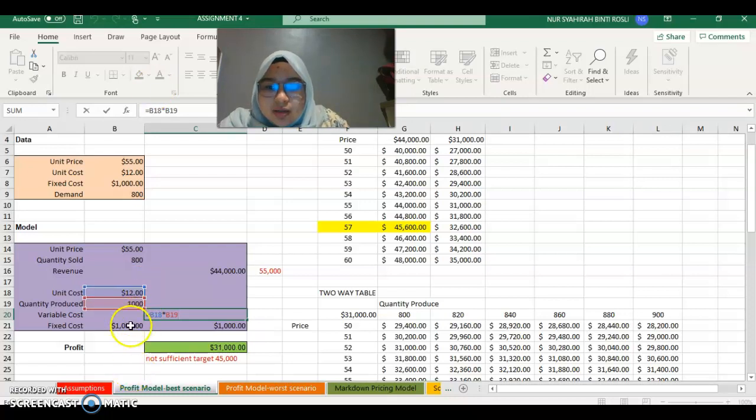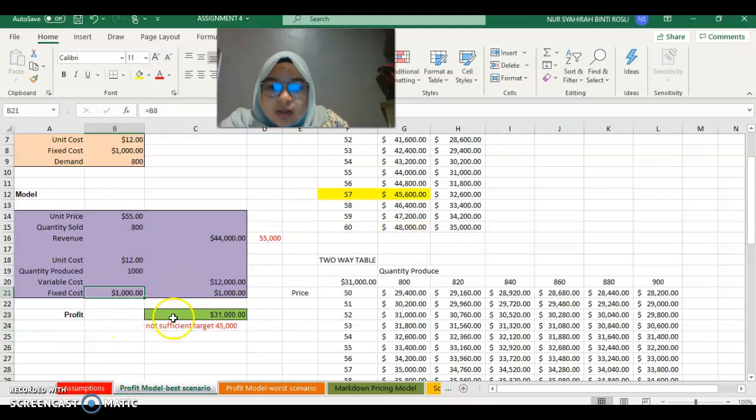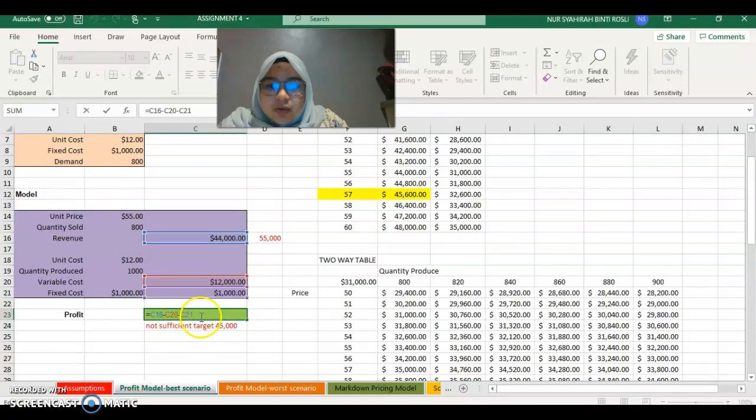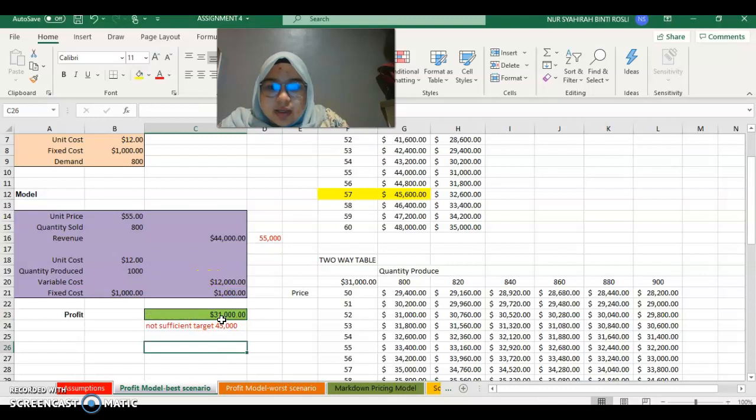And then the fixed cost is 1,000. And the profit, when we take revenue minus variable cost and minus fixed cost, we get 31,000.